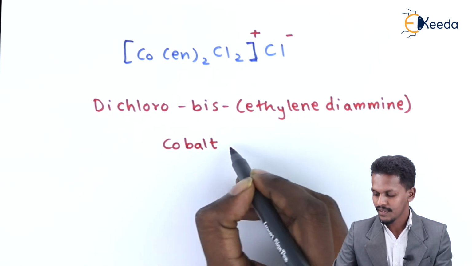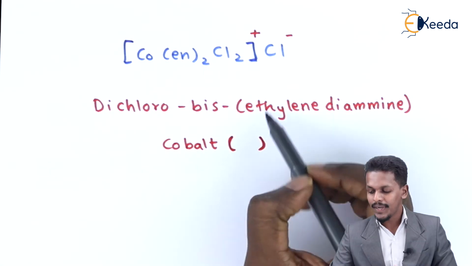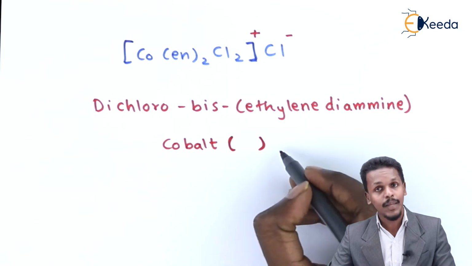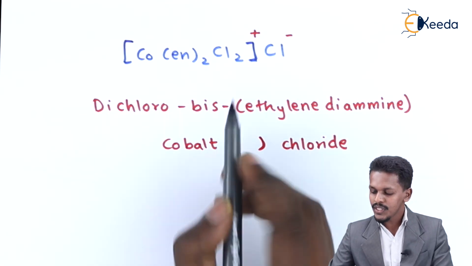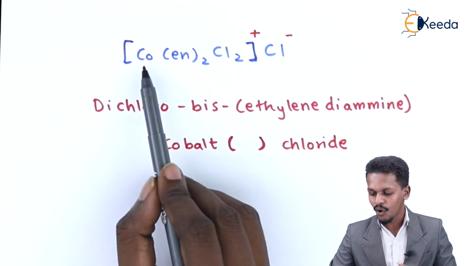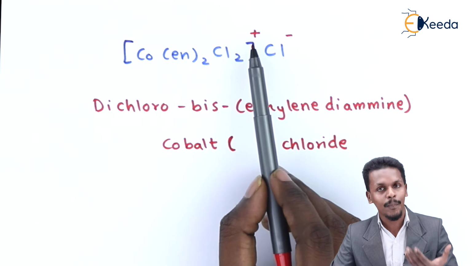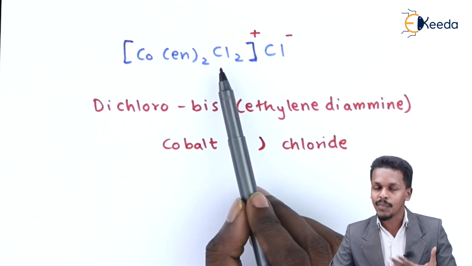So for that we also have to find out the oxidation number of this cobalt. But here we can see that chlorine is present in the outer sphere, so therefore we could name this as chloride. But suppose we have to calculate the oxidation number of this cobalt, then it is very simple to understand. Suppose the overall complex has a +1 charge and each Cl has a charge of -1.